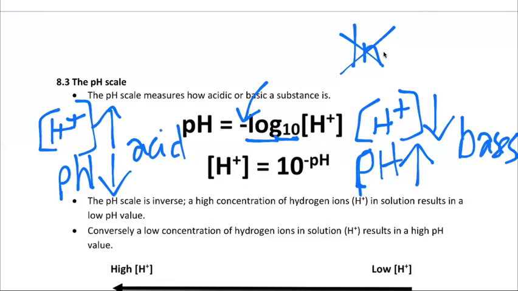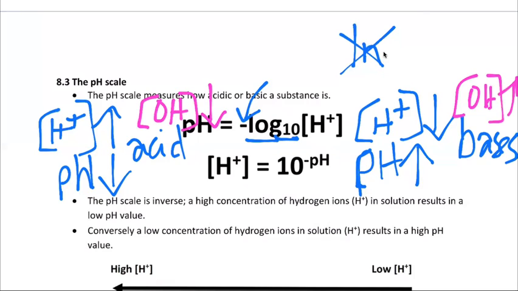And keep in mind that just like hydrogen ions, hydroxide ions are also part of this, and so you can write it in terms of the hydroxide ion concentration. If they have a low hydroxide ion concentration, they're going to have a low pH, and that's going to be acidic. If they have a high or an increased hydroxide ion concentration, that's going to be your bases. So they're kind of opposites.